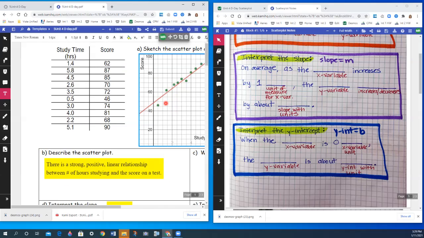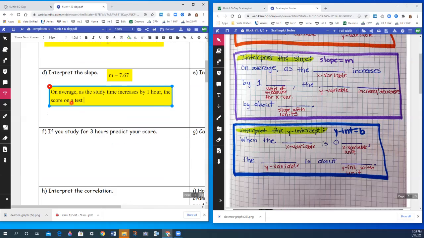This is increasing. Increases by my slope, 7.67, let's say percent. I think this is probably in percent or points.